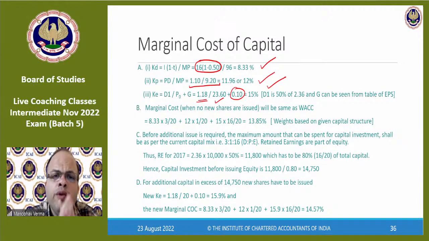If they're not giving it to you, you straightforward do this calculation. For YTM, they will be specifically telling you. So guys, I hope everyone is okay with the calculation of the three costs of capital here.